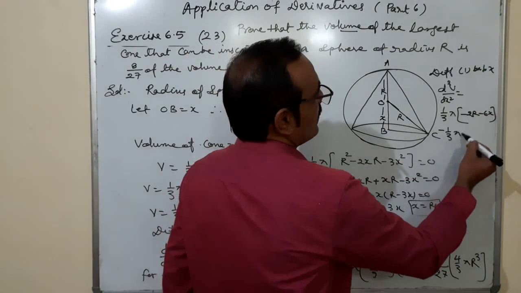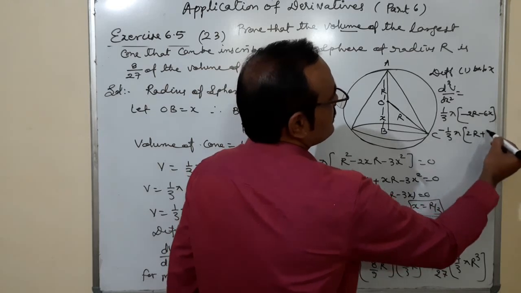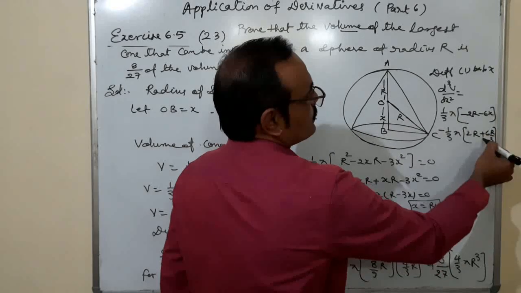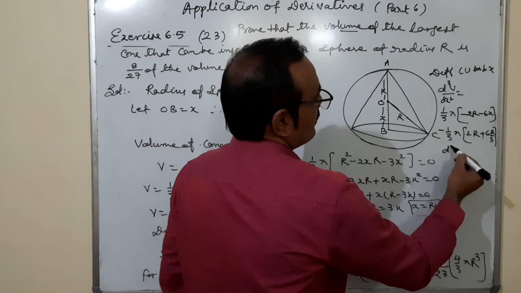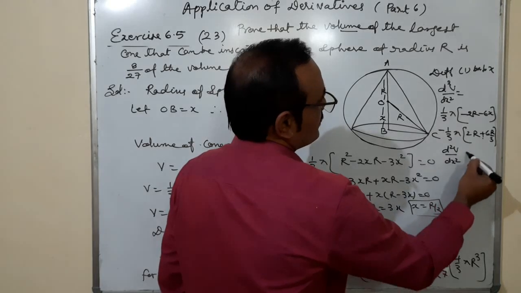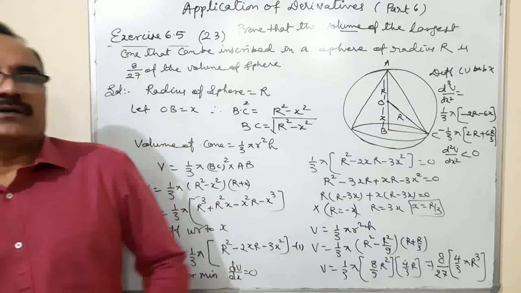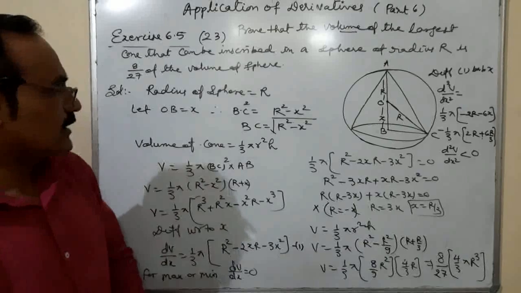Minus 1 upon 3 pi, it is coming 2r plus 6, and x is r by 3. So this term is positive, and outside this is minus sign. What does it mean? The second derivative d square v by dx square is less than 0. That means the volume is maximum, and this we wanted to prove, that the volume is a maximum.